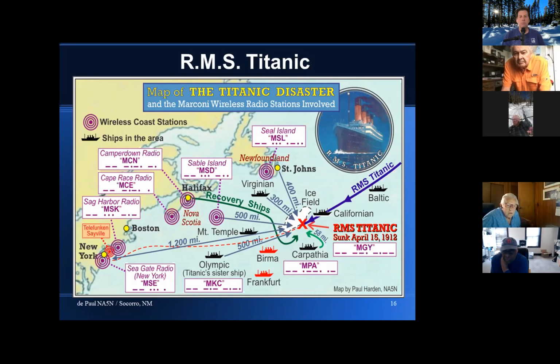As it turned out, the only ship that responded by radio and actually came to the area was the Carpathia. You see the Carpathia is 58 indicated there in the bottom right. It's a Marconi ship. MPA was its call sign, and it heard and communicated back and forth to the Titanic.